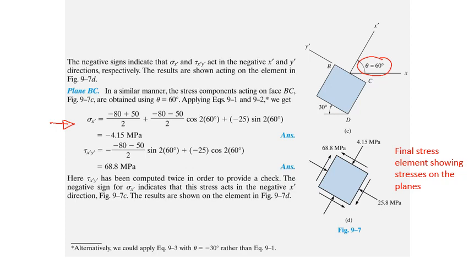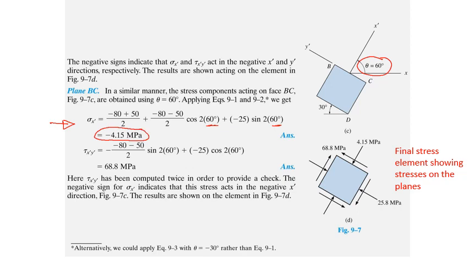The only difference between this and the previous answer we calculated was theta. Theta now is positive 60 instead of minus 30. So if you evaluate the same equation with a different theta, now we get minus 4.15 megapascal.